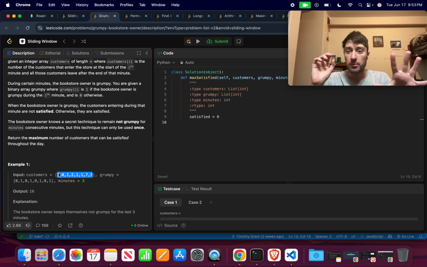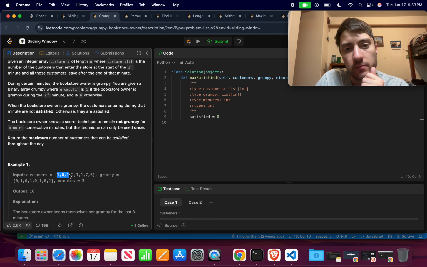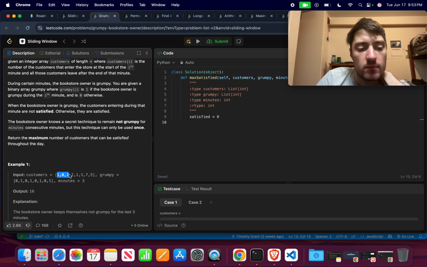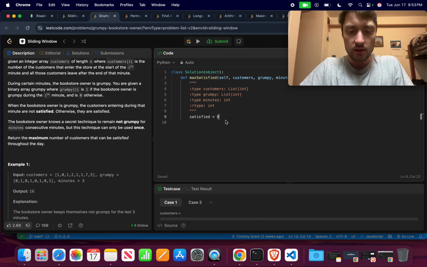Like sum plus max increase would be my answer. But the other way is I don't do it like that. I just come in here and I say, okay, well, assuming, actually, I do like that. I do like that.